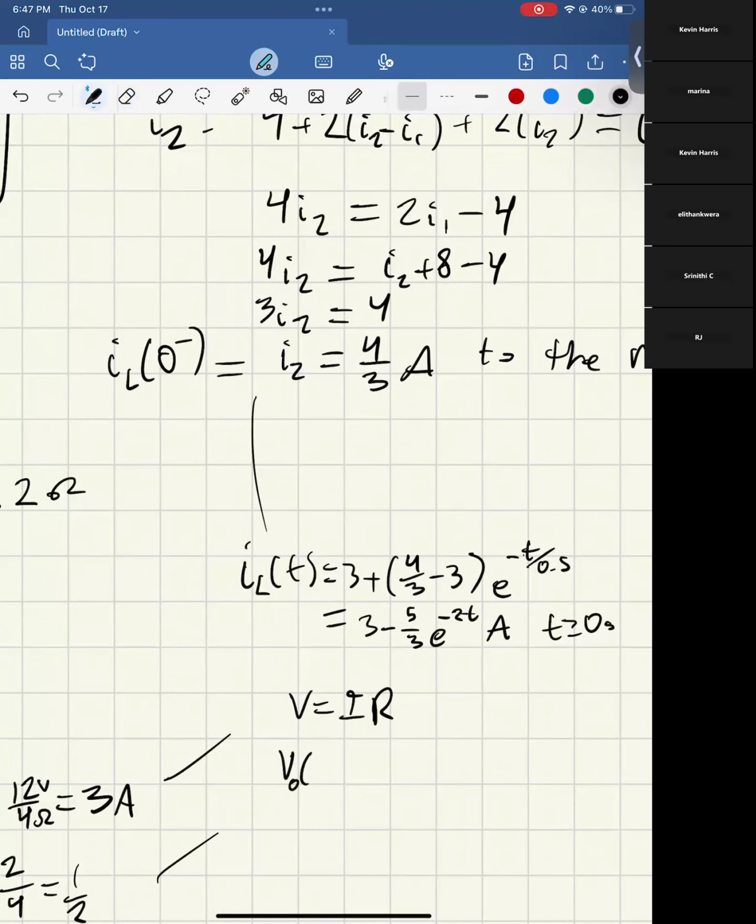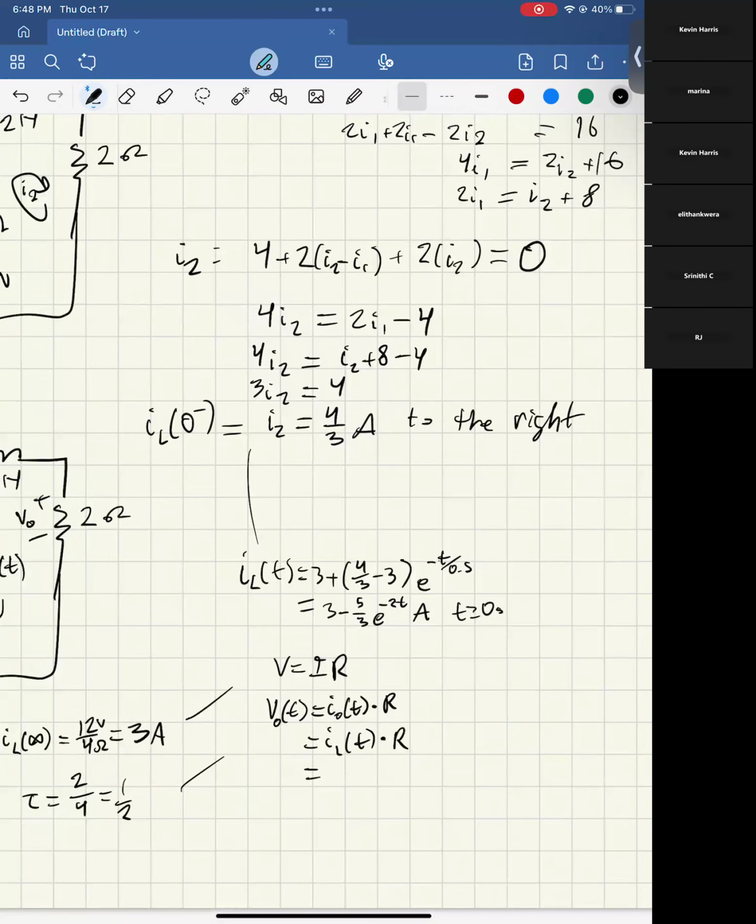So VO of t is going to be equal to IO of t times R, which is equal to IL of t times R, which is then going to be equal to that expression from before. So 3 minus 5 over 3 e to the negative 2t amps times 2 ohms, which gives us our final answer of VO of t equals 6 minus 10/3 e to the negative 2t volts for t is greater than or equal to 0.